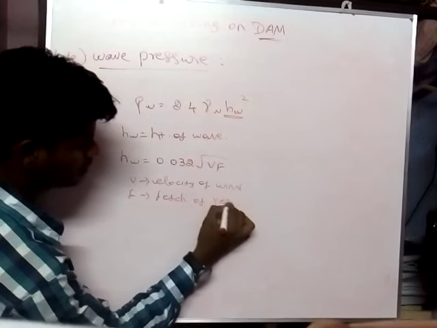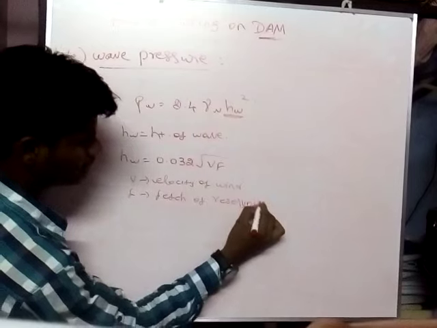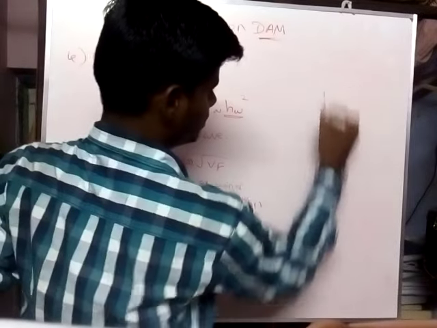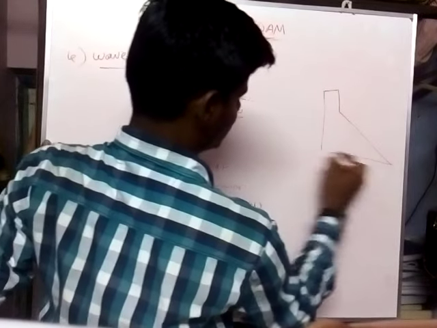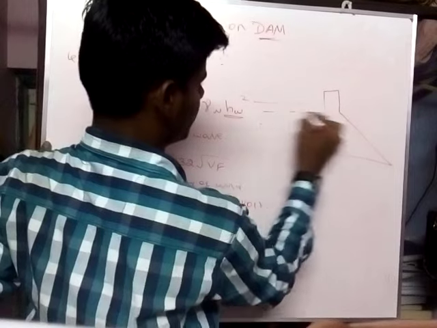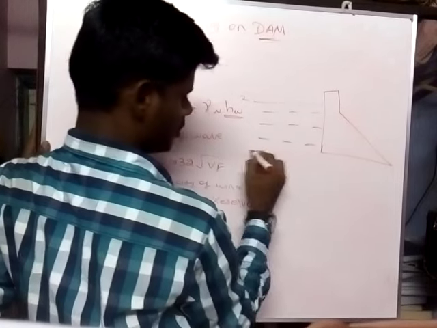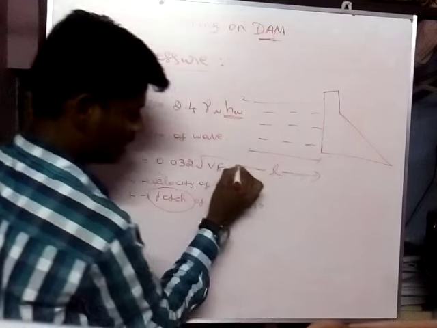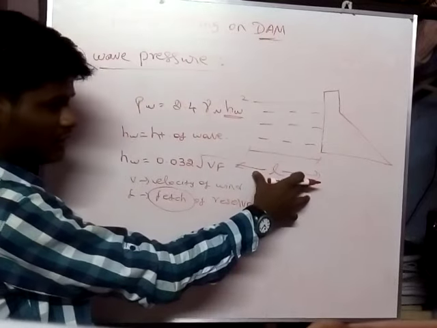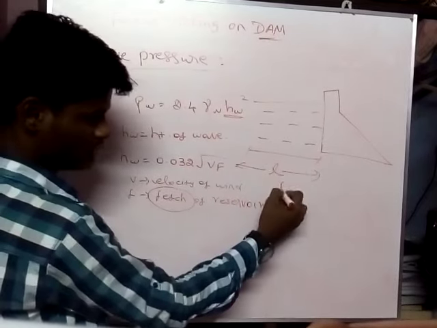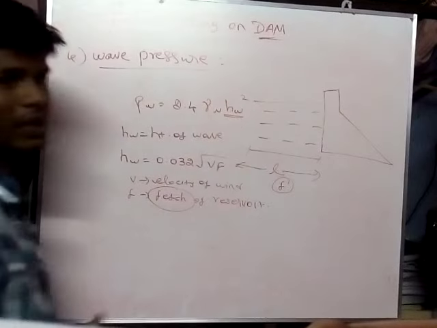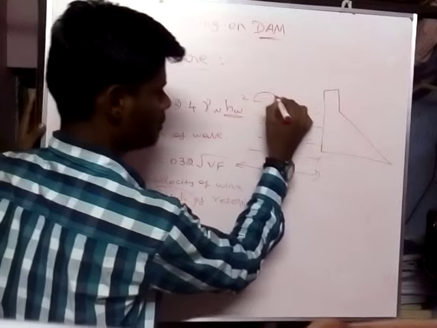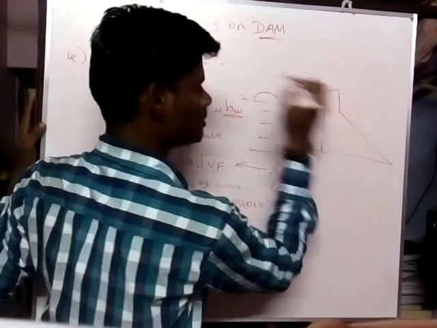What do we mean by fetch? The length of the reservoir, the length of the water storage area, is known as fetch. So the wave pressure acts like this.